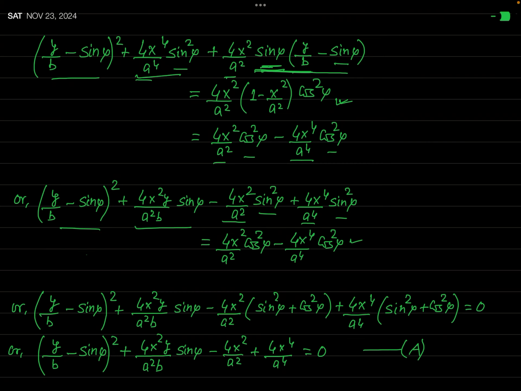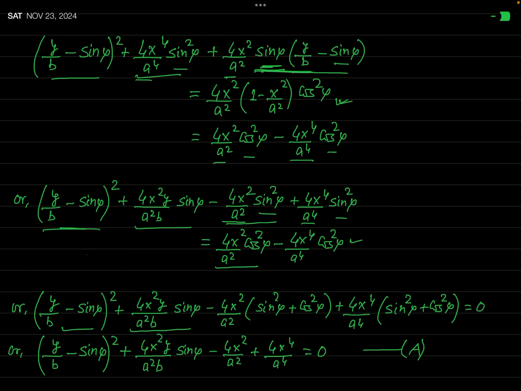Now, bring these two terms from the RHS to the LHS and combine them with the suitable terms. The first term I have written here as it is. The second term is also as it is. And combine the terms 4x square over a square times cos square phi and 4x square over a square times sine square phi.